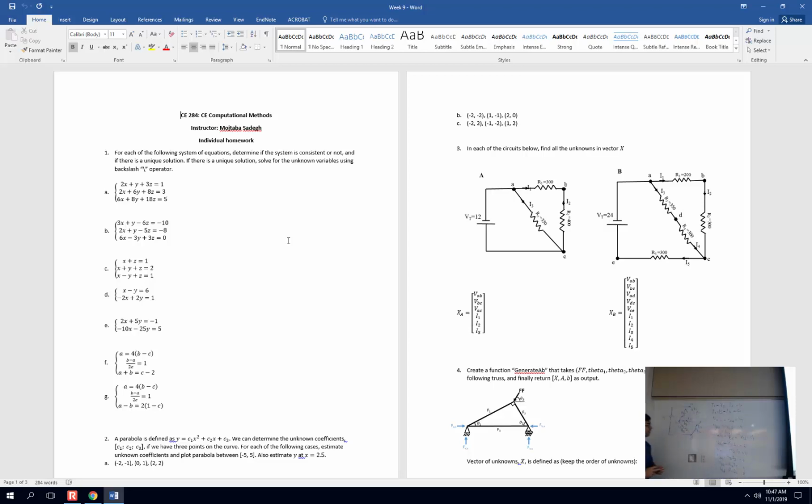Now that we have this, we need to construct matrix A and vector B. Matrix A, this is again super important. What's the size of matrix A now? 10 by 3. 10 by 4.